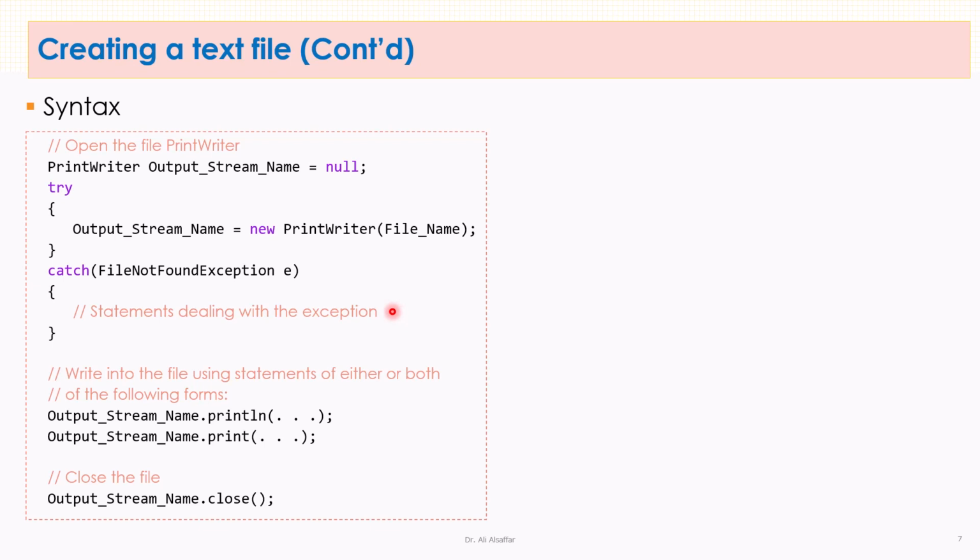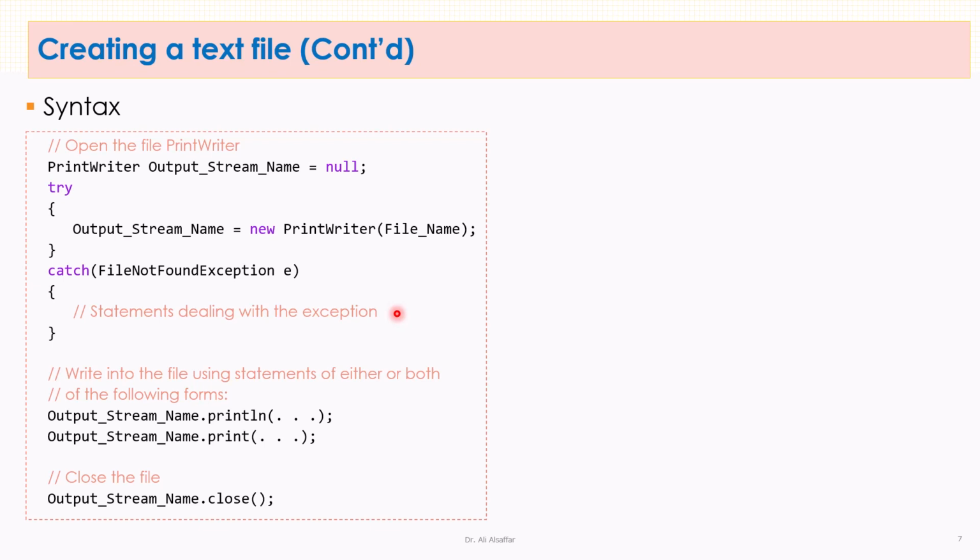Notice that the output stream variable name is not declared inside the try block. We are declaring the variable before entering the try block and initializing it to null. And inside the try block, we are creating an output stream object of type PrintWriter, and its reference is assigned to the variable. And why are we doing that and not declaring the variable inside the try block?